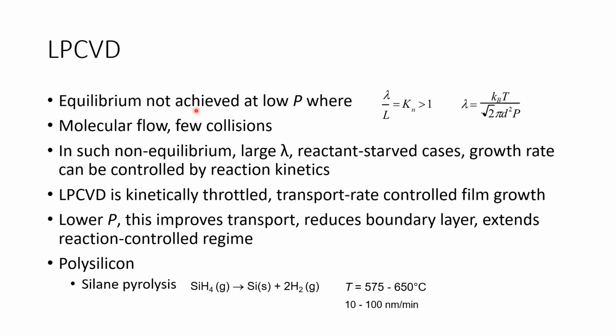Also because the pressure is low, we can improve the transport, and we can minimize the boundary layer, and then we can extend the reaction control region. So for example, we can deposit polysilicon.